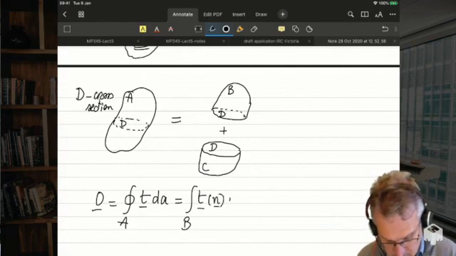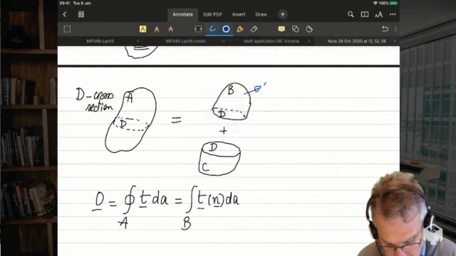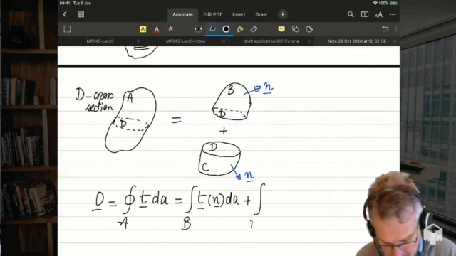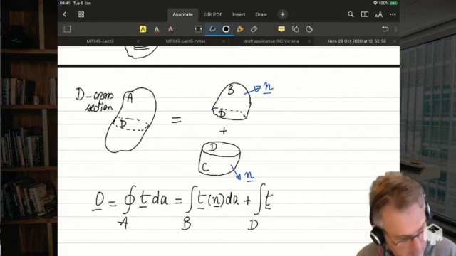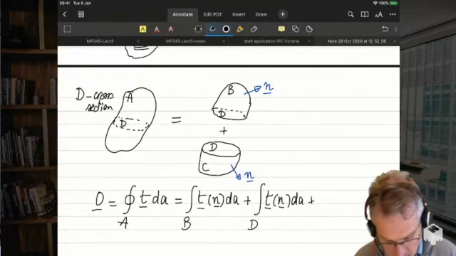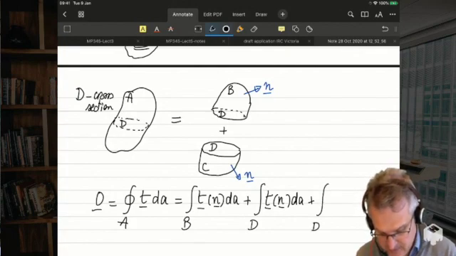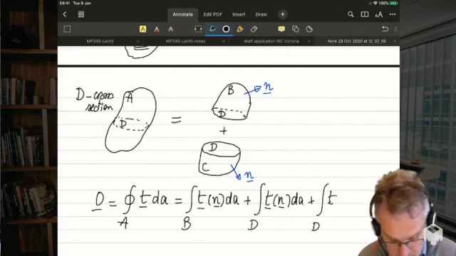Yeah, right then. B, A, and it's like this. And then there's also D here. That's for the top half. For the bottom half, I have D. Oh, and I should have written N.